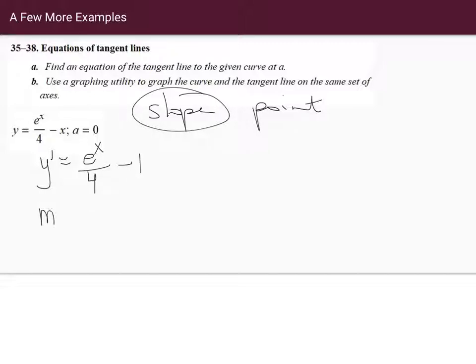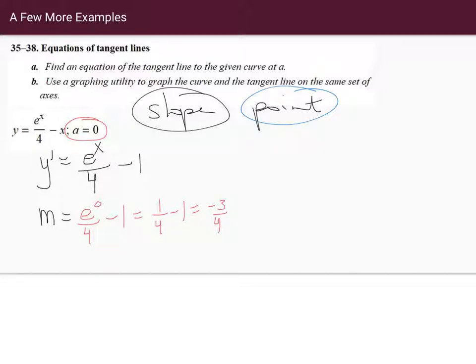To get the actual slope, I need to plug in the x-coordinate of the point where I'm going to draw my line. The x-coordinate is 0, so I'm going to plug 0 in for x. e to the 0 over 4 minus 1 is equal to 1/4 minus 1, and that is negative 3/4. So I now have my slope. Now I need a point.